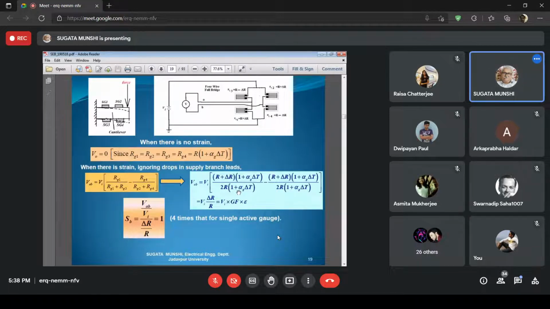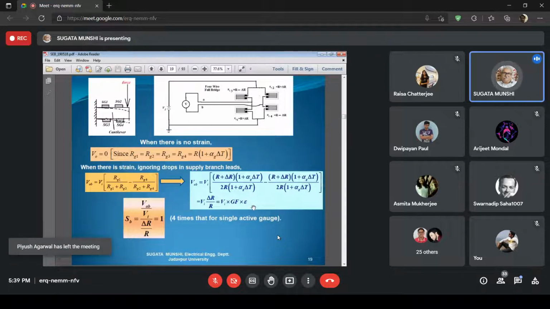RG3 will be R minus delta R into 1 plus alpha G into delta T. Similar will be the case for RG3 and RG4: R minus delta R into 1 plus alpha G into delta T. For RG1 and RG2, the change in resistance is from R to R plus delta R. So by making those substitutions, you can simply see that the temperature terms cancel out and VAB becomes exactly proportional to mechanical strain.